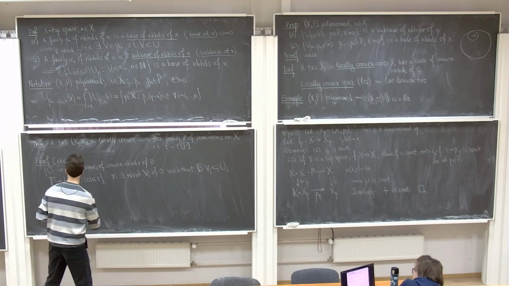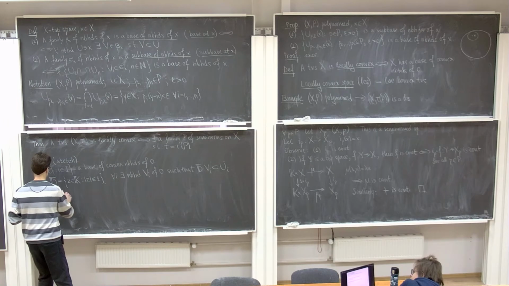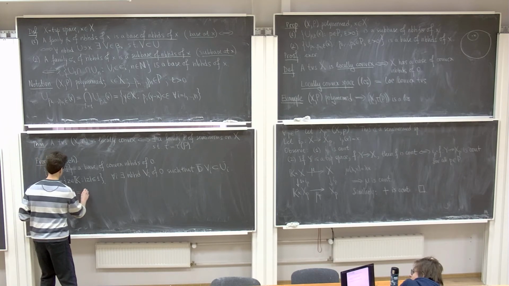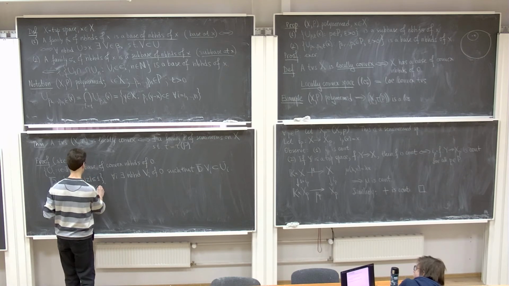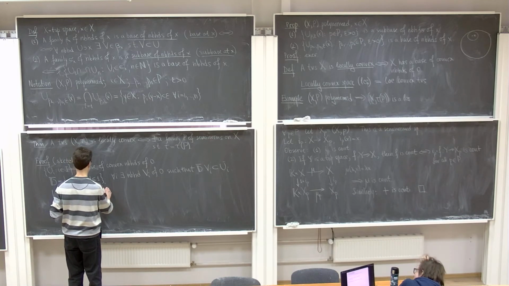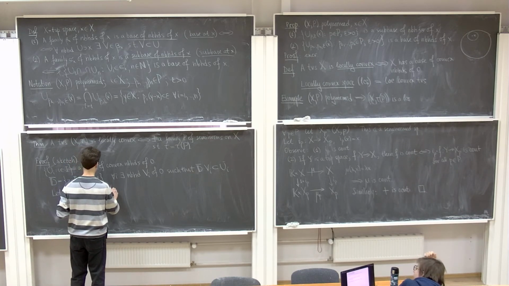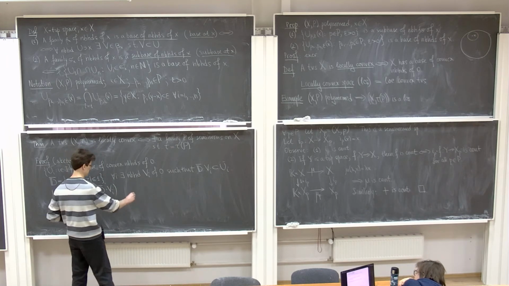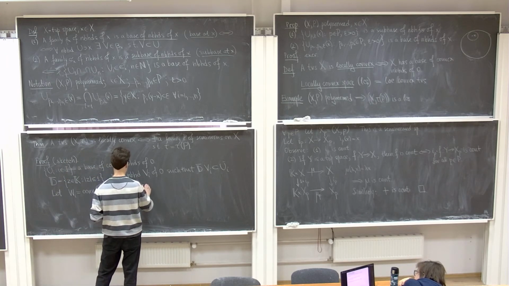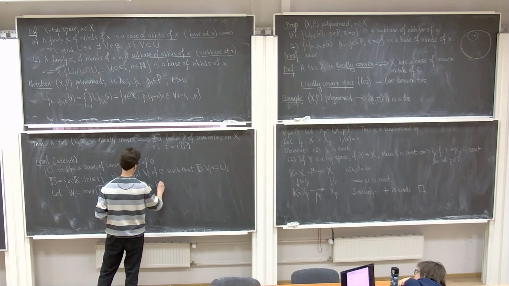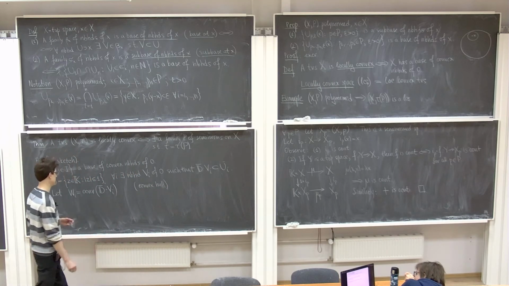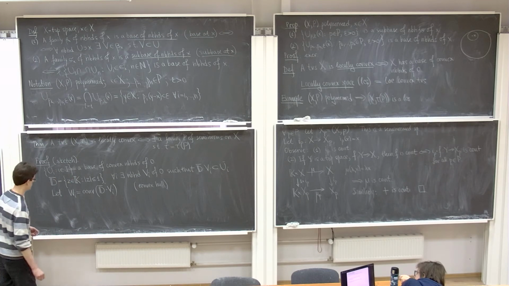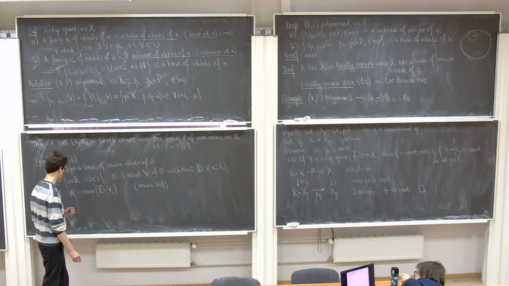Okay, and now let Wi denote the convex hull of this set DVi. This notation means convex hull: the set of all convex combinations in the set. It's the smallest convex set which contains this one.